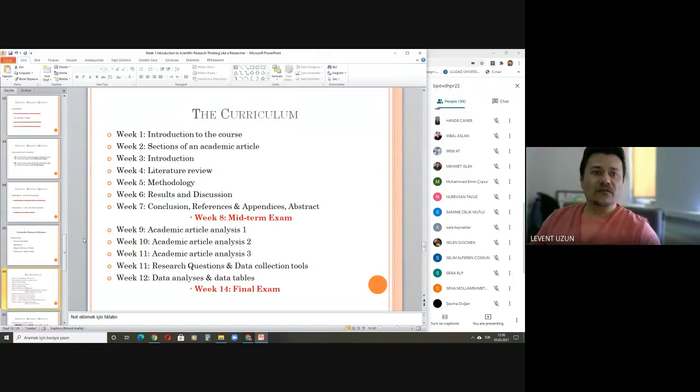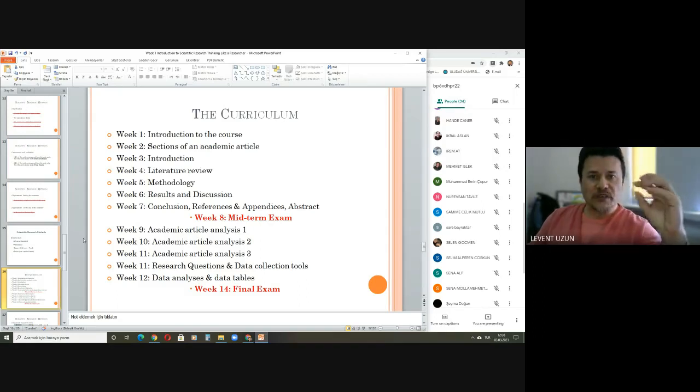We will concentrate on these academic and scientific articles. We will read and analyze academic articles. We will know what these academic articles are, all right? And there is some specific information that we need to find in these academic articles. These academic articles, research article or review article, they always follow the same sequence, the same structure.